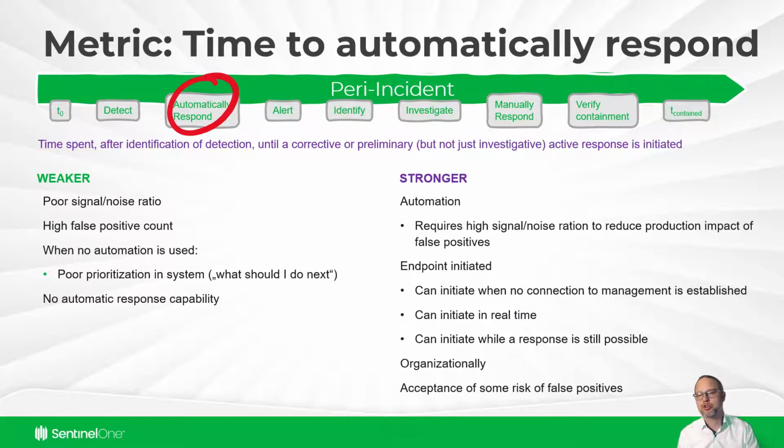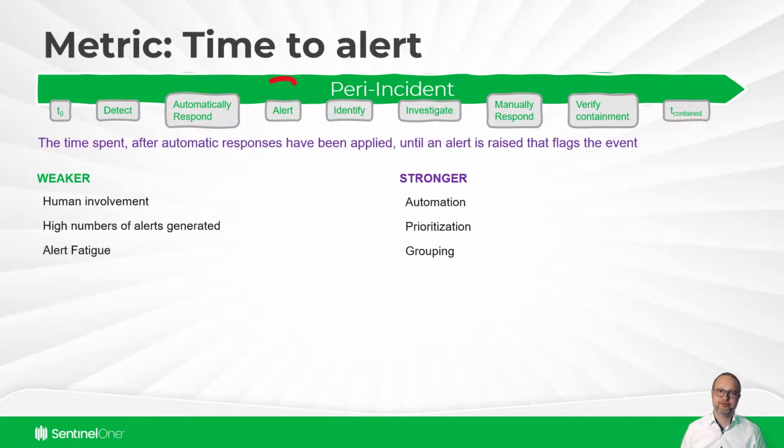So stronger approaches to automatic responses are the ones that can rely on a high signal-to-noise ratio already in the system-created detection, so that you can even afford to create an automatic response. So automatic responses are something that you need to have in place if you want to have the fastest possible response, which gives you a first dip at containment, but it requires that the system is up for it.